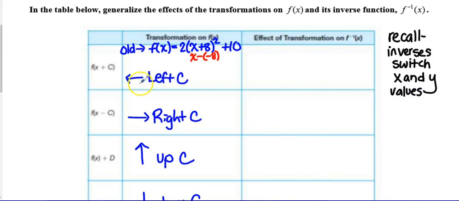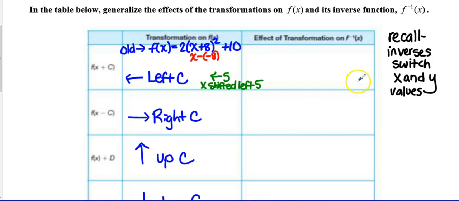So for example, let's say I was saying left 5. That would mean x shifted left 5.